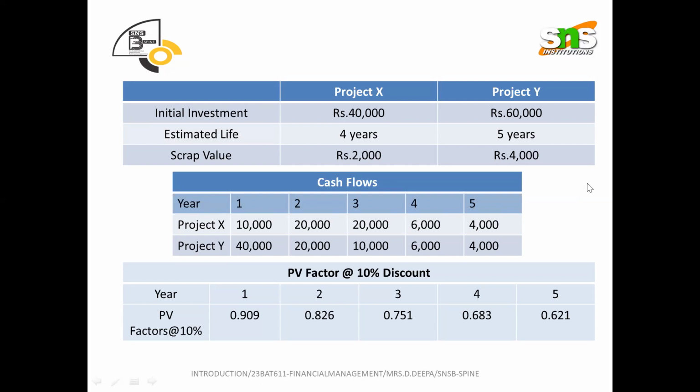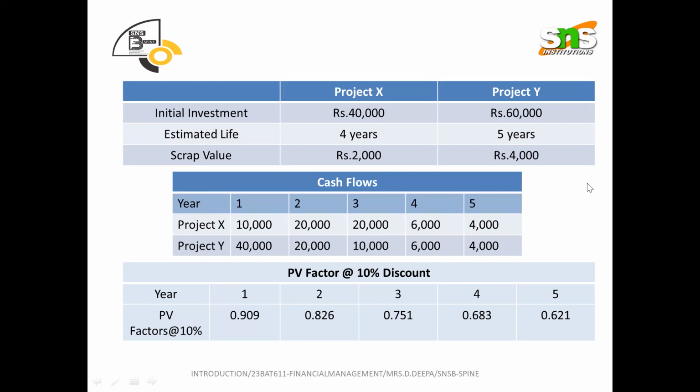Along with this, different cash inflows are given for 5 different years. For project X there are different cash flows, and for project Y again there are different cash flows.